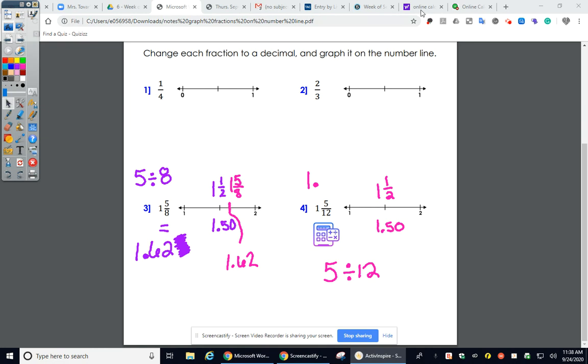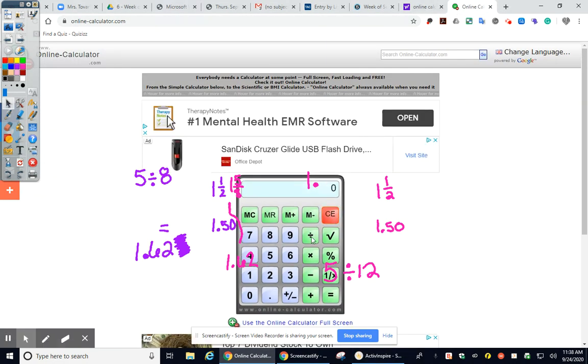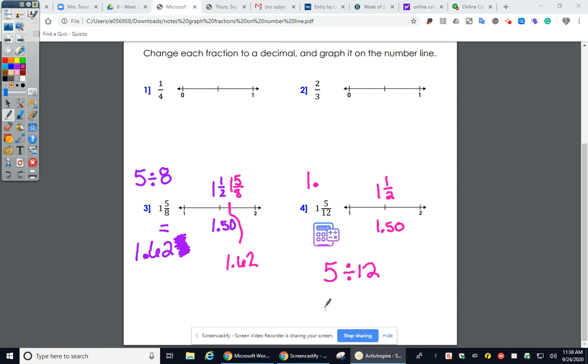So I'm going to go back to my calculator. I'm going to make sure I hit clear and then hit 5 divided by 12. And I get 0.4166667. So I'm going to write that. 0.416667.